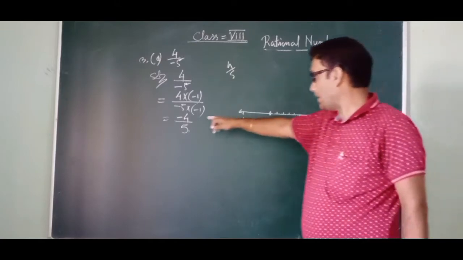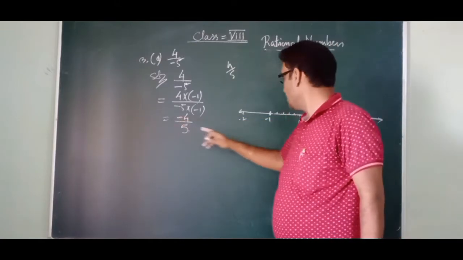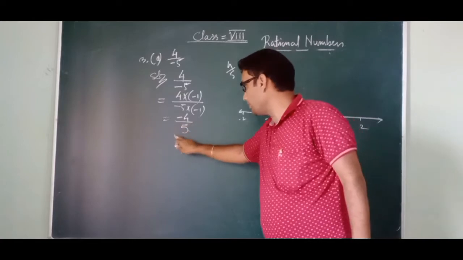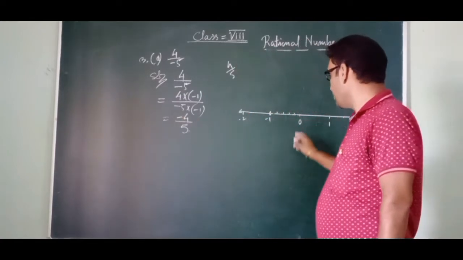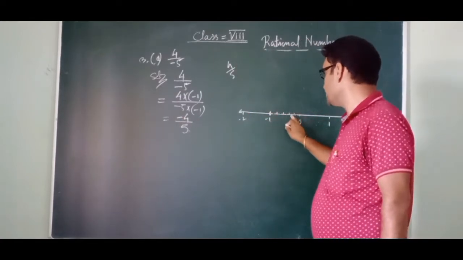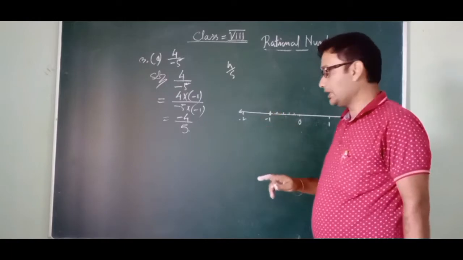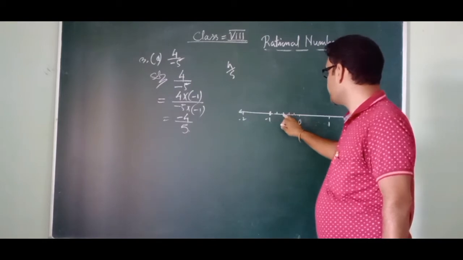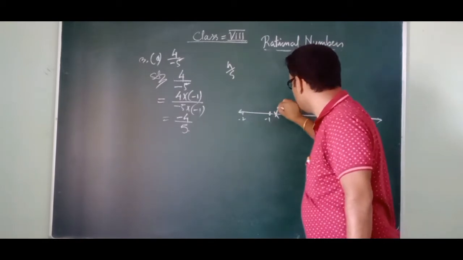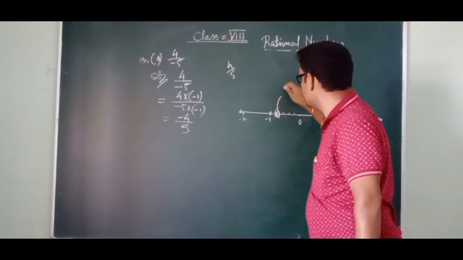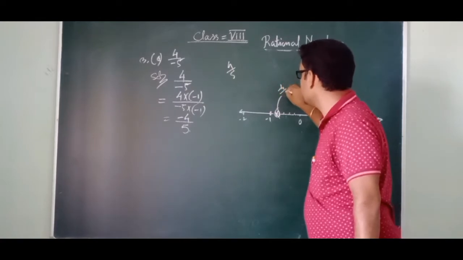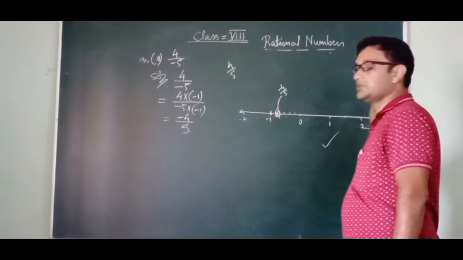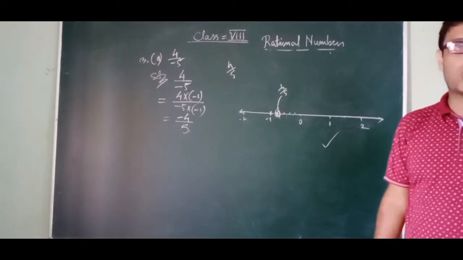So since the numerator value is negative, first the denominator value is 5, so we make it 5 equal parts. 1, 2, 3, 4, 5. Then here 4. 1, 2, 3, 4. So this point is your minus 4 by 5. Finish. Like this way you will draw on the number line.